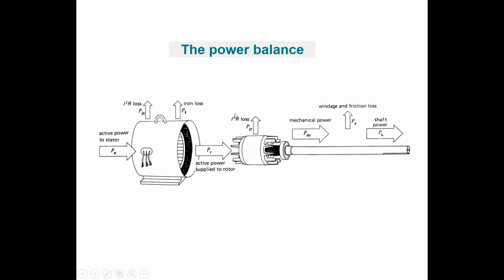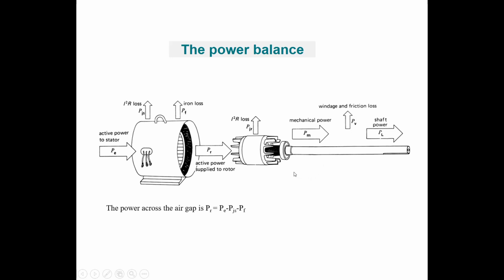When we subtract the losses in the rotor from the active power supplied to the rotor, we have the mechanical power which can be used for torque generation. But there are also windage and friction losses in the motor, so the actual shaft power PL is the mechanical power PM minus the windage and friction losses.